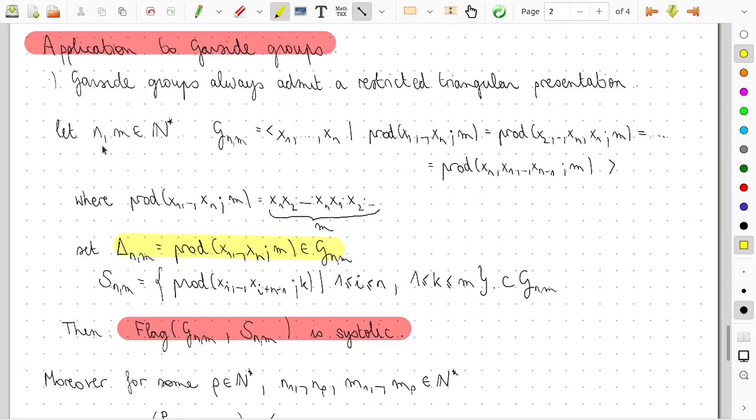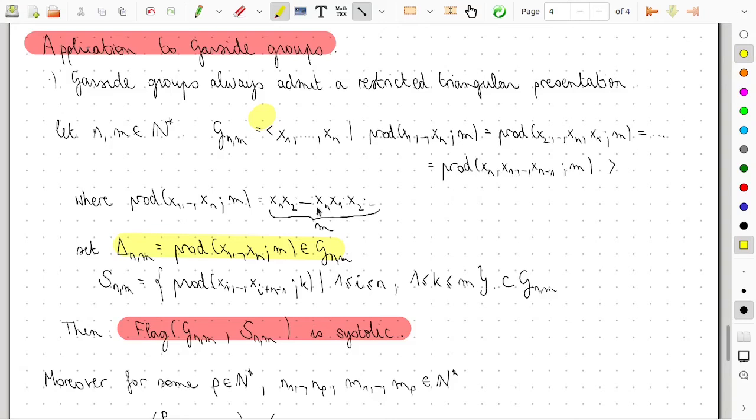Pick 2 positive integers n and m. Then we define the group G_{n,m} to be generated by x1 to xn and satisfying the following relations. The product from x1 to xn of length m should be the product of x2 to x1 of length m, should be the same as the product of xn, x1 to x_{n-1} of length m.